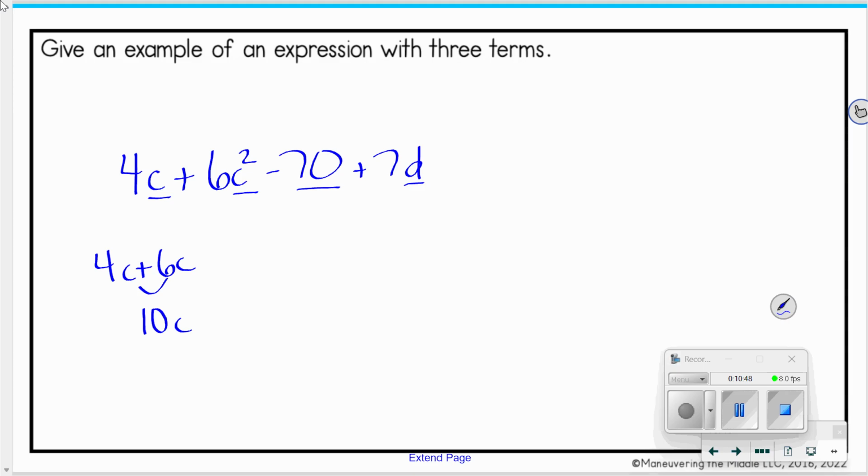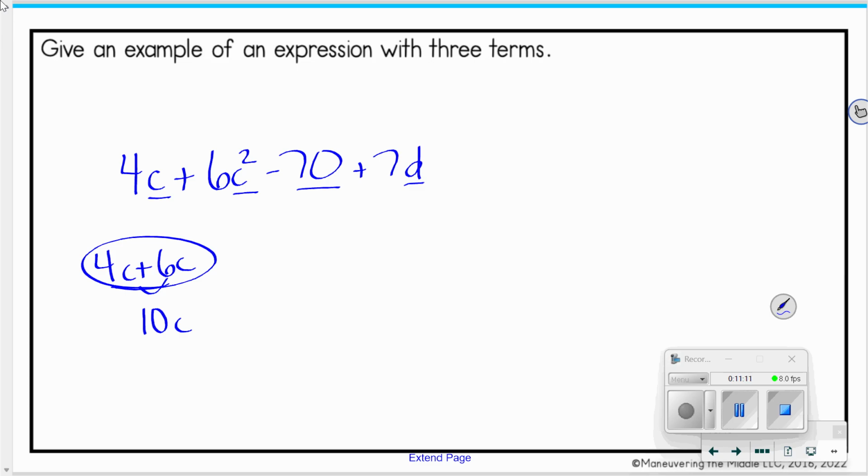The initial one Kyle gave us was 4c and 6c. Technically he's correct, though he gave them as 2 separate terms. But because I can combine them, they're actually the same thing. So it doesn't make them different terms. They're the same terms, you just separate them. Does that make sense? You see the difference between what I just said?